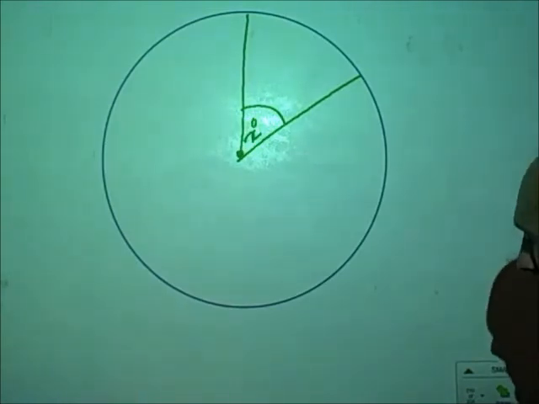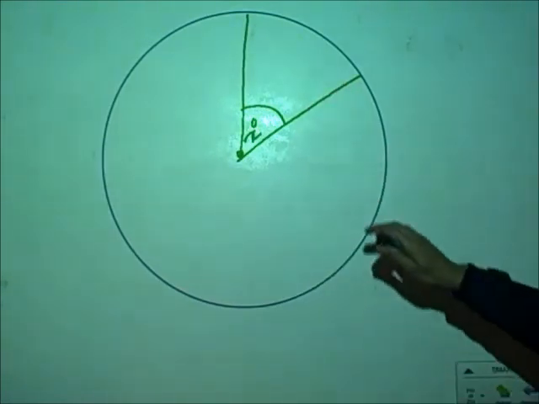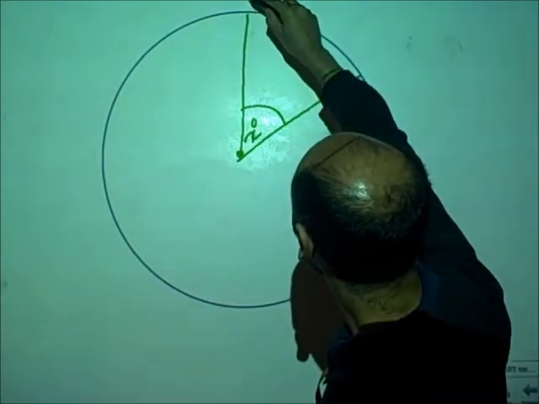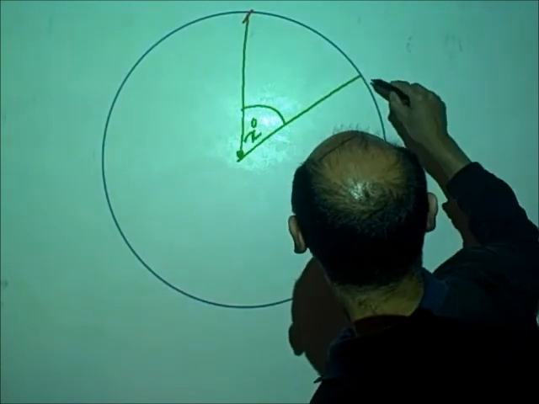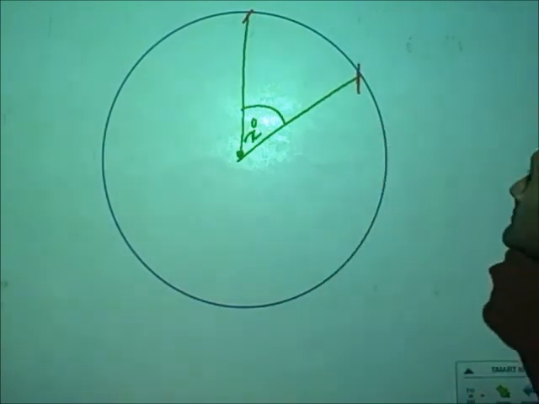However, what you do need to be aware of is what the radian is defined as. There's the angle at the centre of the circle, subtended by an arc on the circumference. We'll highlight the arc with a dash there and maybe a dash there, like so.